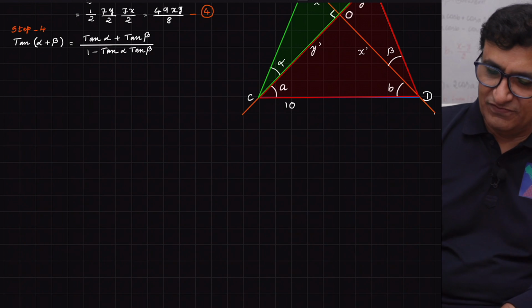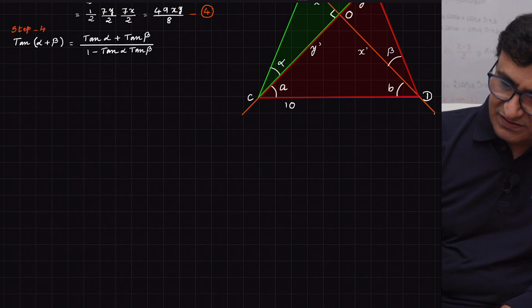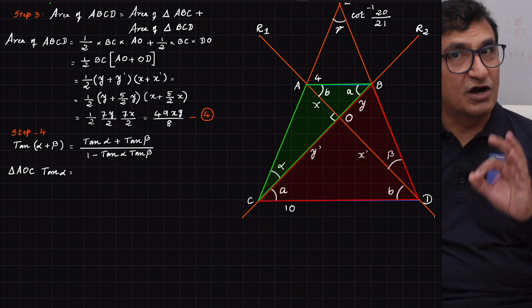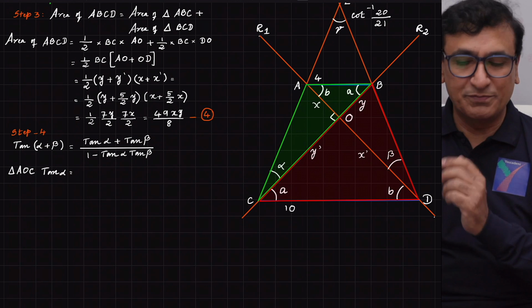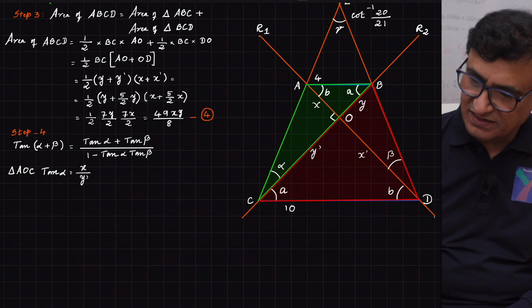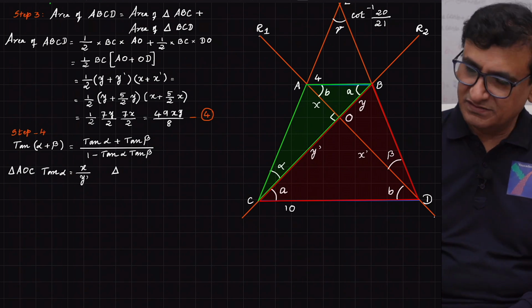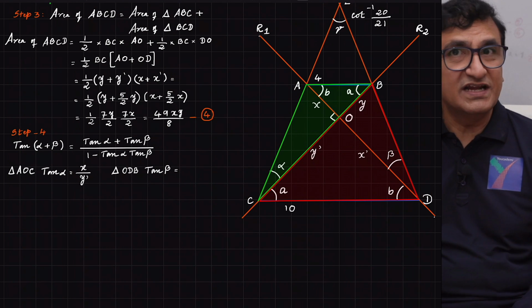Now what is tan alpha? From triangle AOC, tan alpha equals the opposite side by the adjacent side, that is x divided by y prime. Then tan beta, that is the triangle ODB. So tan beta would be y divided by x prime.